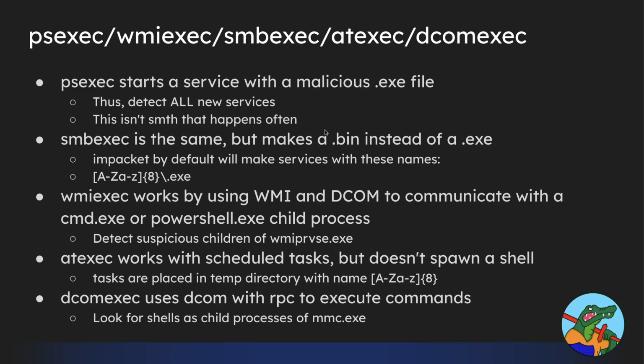So everything that SMBexec, WMIexec, whatever, all of them will make executables like .exes or .bins with this name. So you know what I would do? I would just block it. Or at the very least alert, at level 15 because it's suspicious. And there's not that many executables that are 8 characters. I guess there might be some, but maybe you can whitelist things that are signed by Microsoft or something.